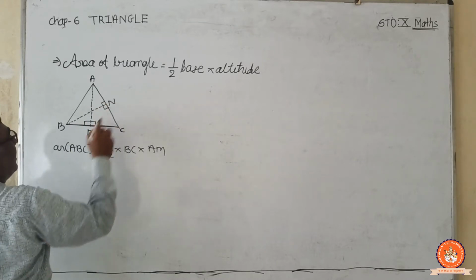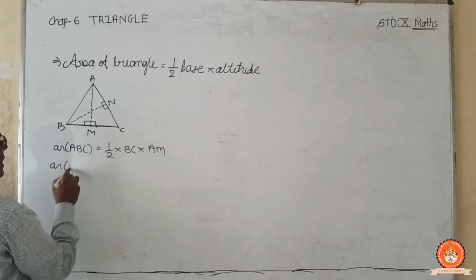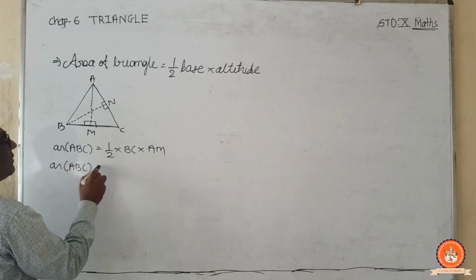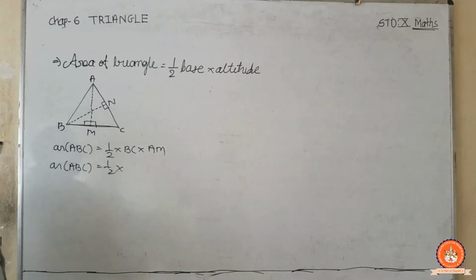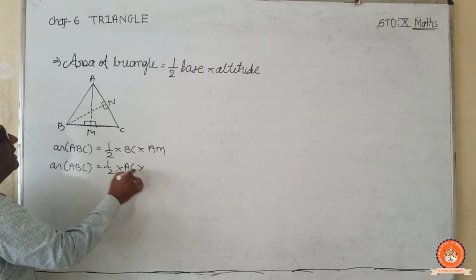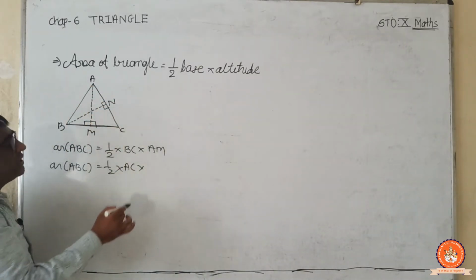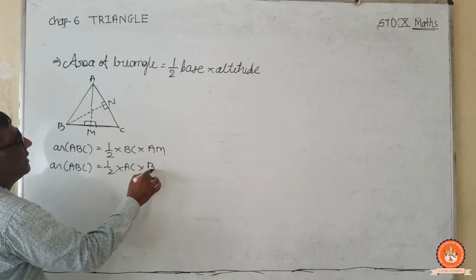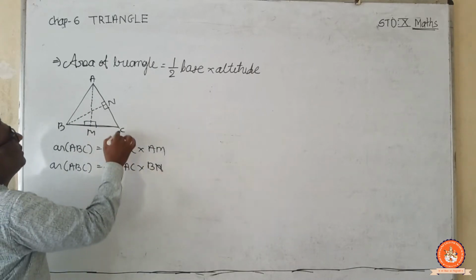We can also write the area of triangle ABC is equal to half into base AC into corresponding altitude, it's BN. There can be the third one.